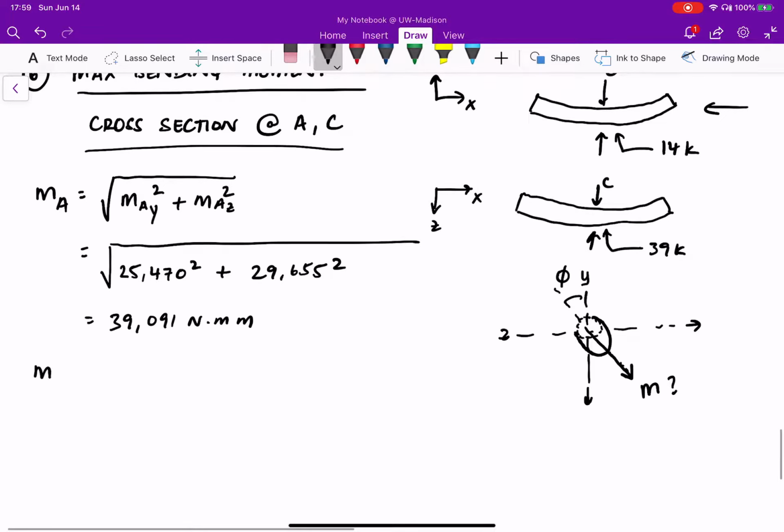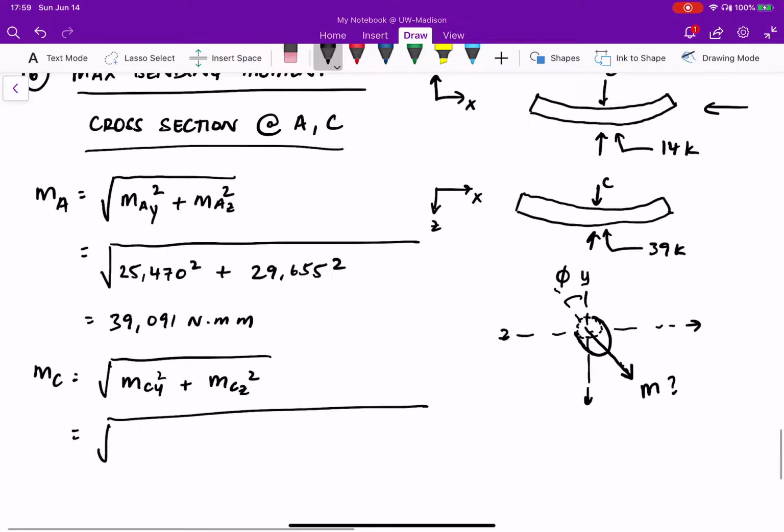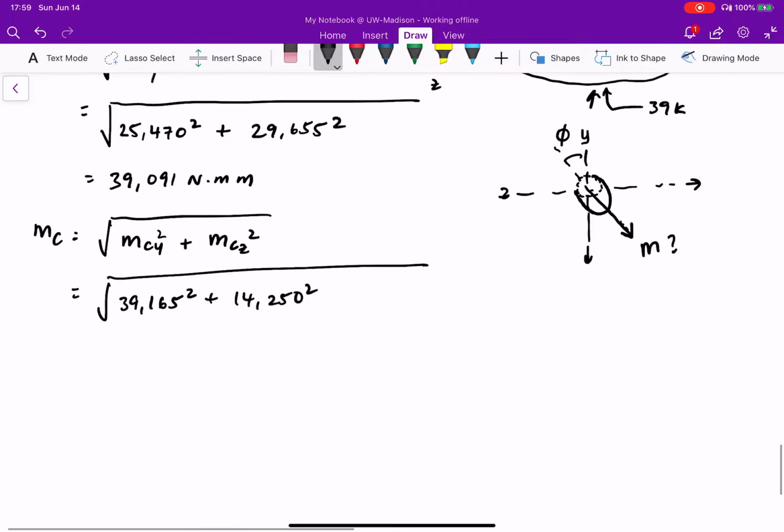And if I do that at C, I again do the sum of squares in y and z: 39,165 squared plus 14,250 squared.